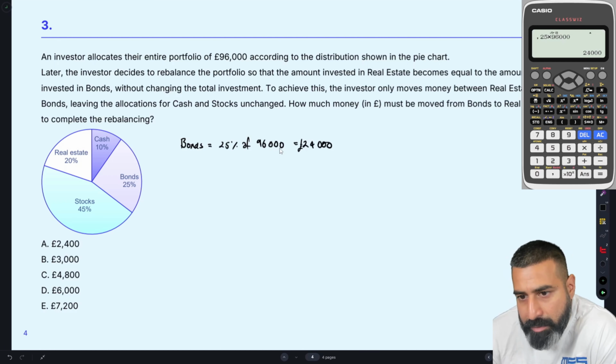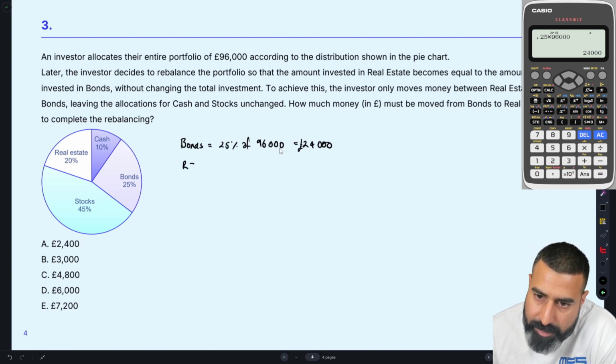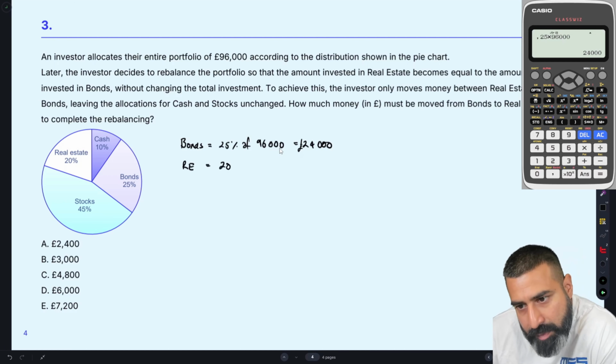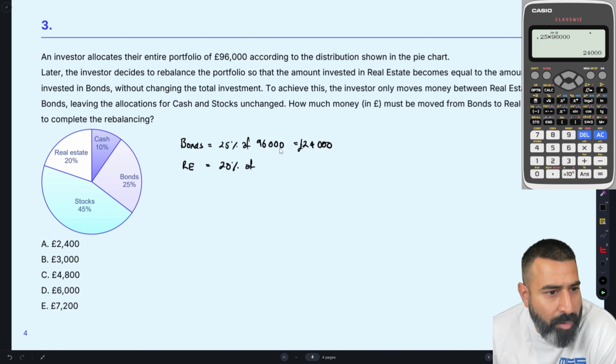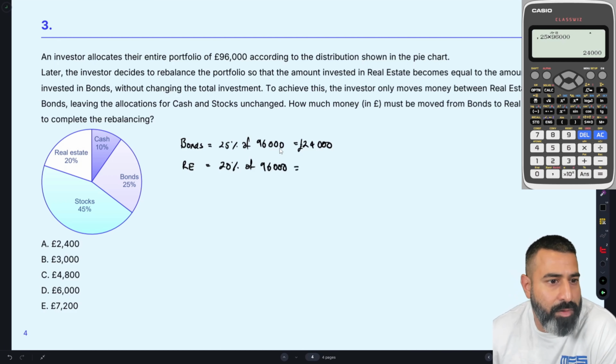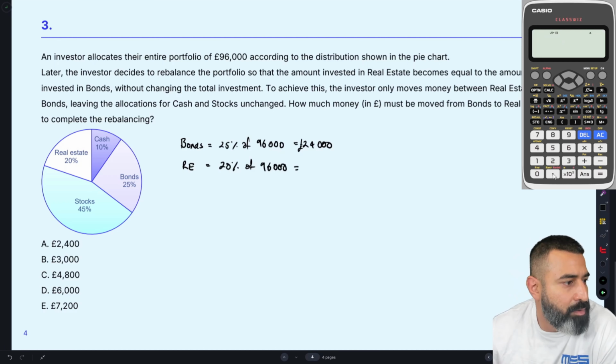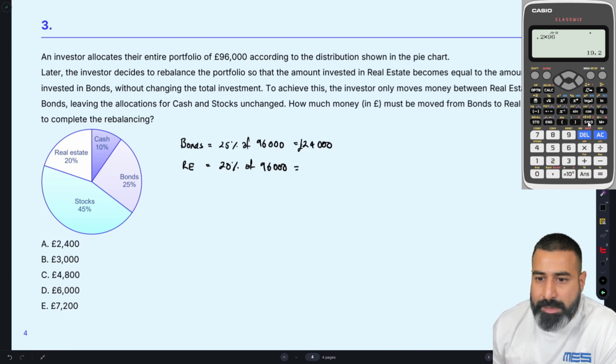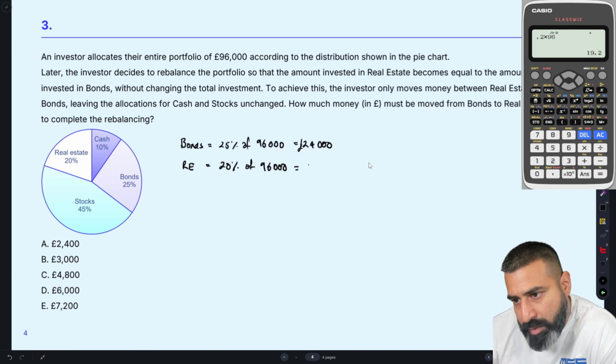24,000 pounds. Okay, so real estate, we'll just call it RE, is 20% of 96,000. So we are going to do 0.2 times 96, which is 19.2.